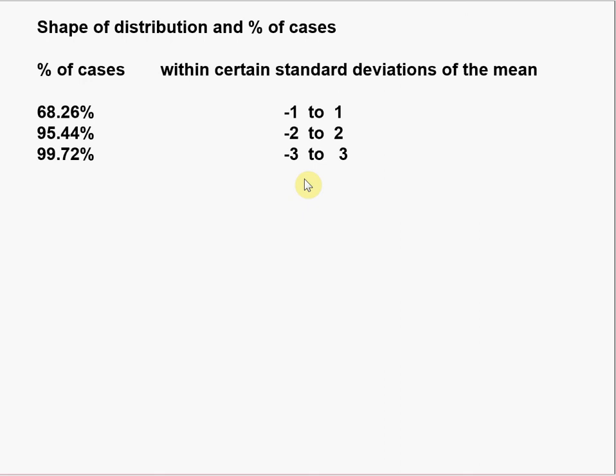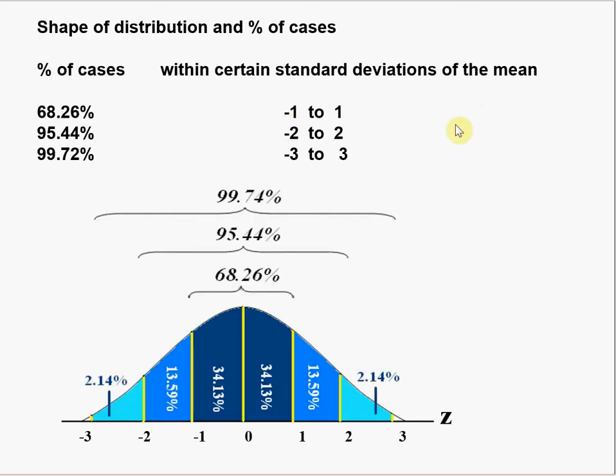Now we just come back to understand this in a new context. One standard deviation below the mean is represented by the value negative 1. See, this corresponds to this, and this corresponds to this. So if we know for a particular value how far it is from the mean in terms of standard deviation, we can use this chart to determine the percentage of the distribution.